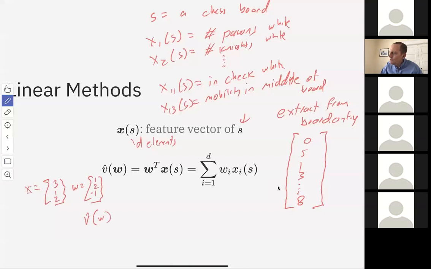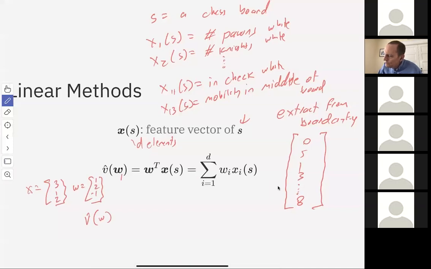So this should really be V hat of W comma S, because V hat takes both a weight and a state.